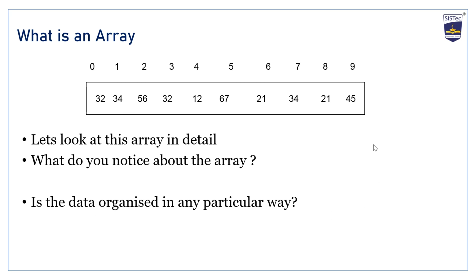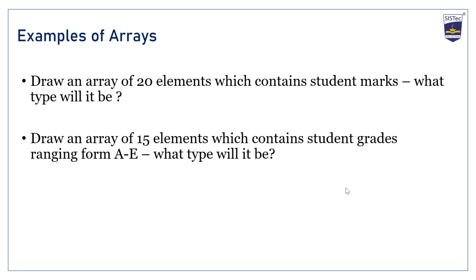No. The persons came in random order and their ages are represented in that random order itself. There is no organized data and no order to the data. Whichever person came earlier had his or her age kept in the array first, and there is no sequential order of the data.